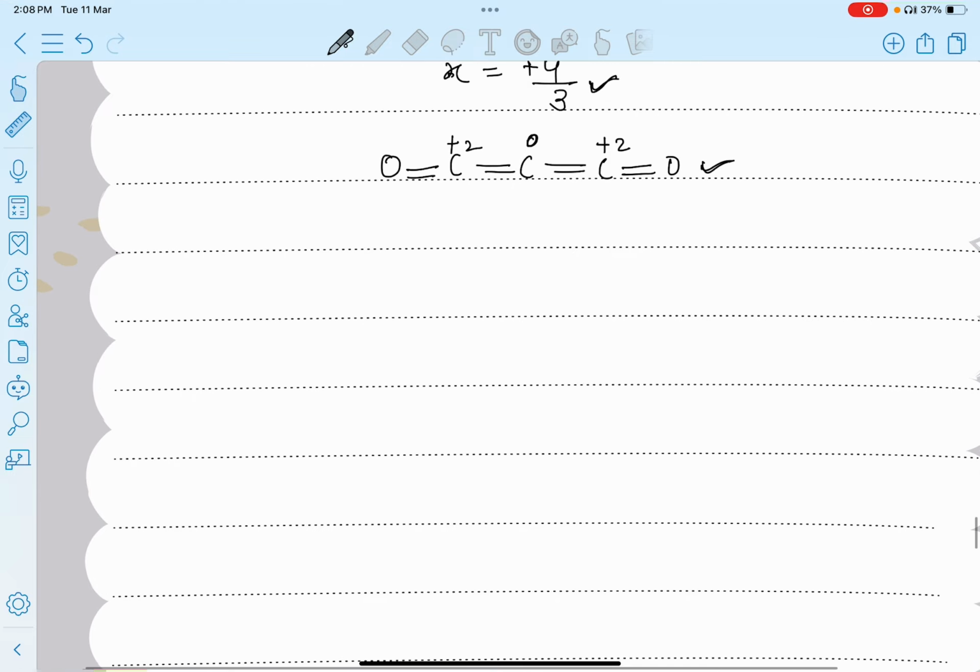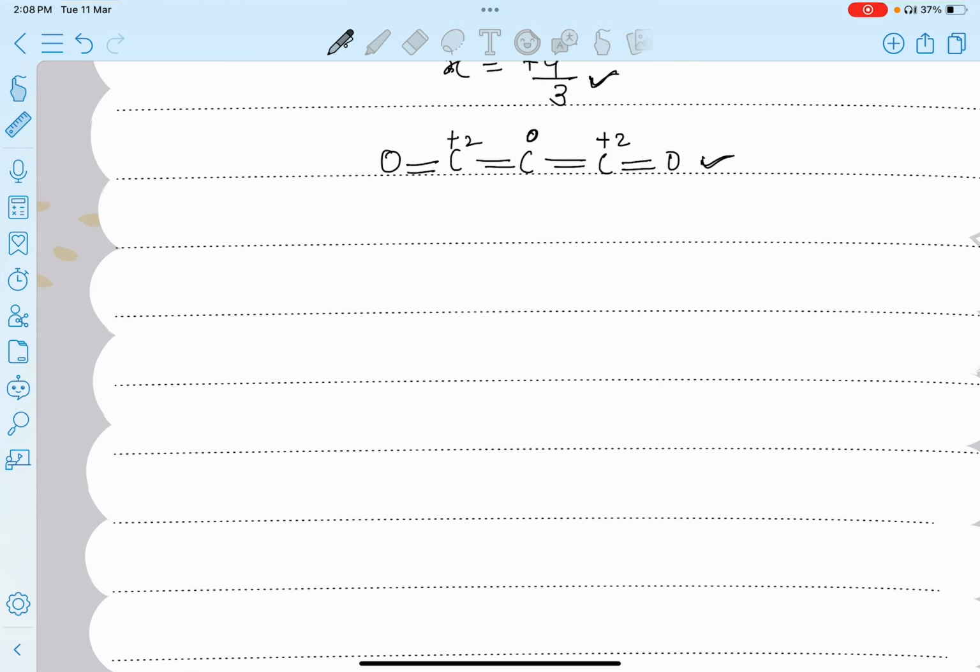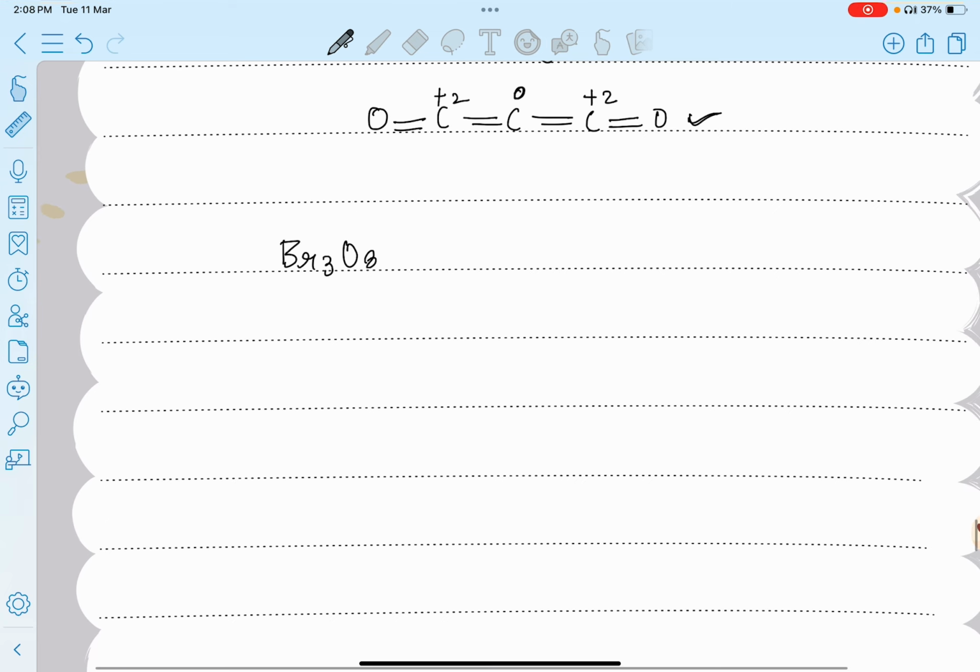We have one more example of paradox, that is Br3O8. If we calculate, it becomes 3x plus minus 2 multiplied by 8, which gives x equal to 16 by 3.